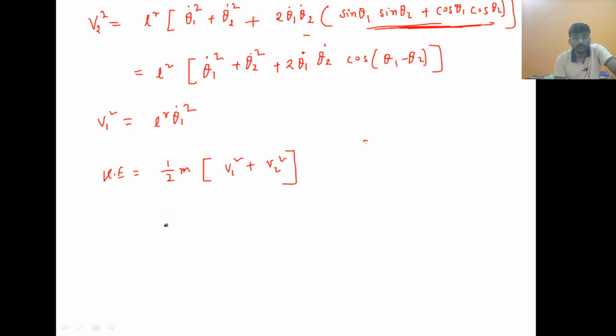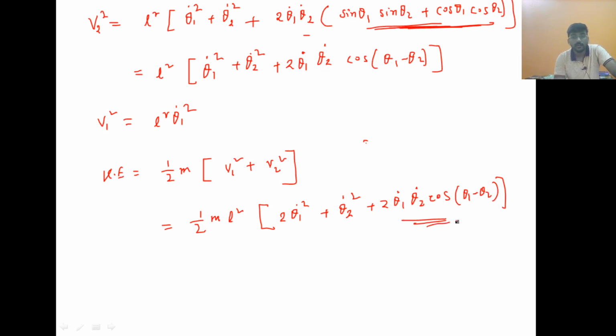So it will be half m, we can take L square as common, so half m L square into v1 square means here theta 1 dot square, here theta 1 dot square, so 2 theta 1 dot square plus theta 2 dot square plus 2 theta 1 dot theta 2 dot into cos of theta 1 minus theta 2.